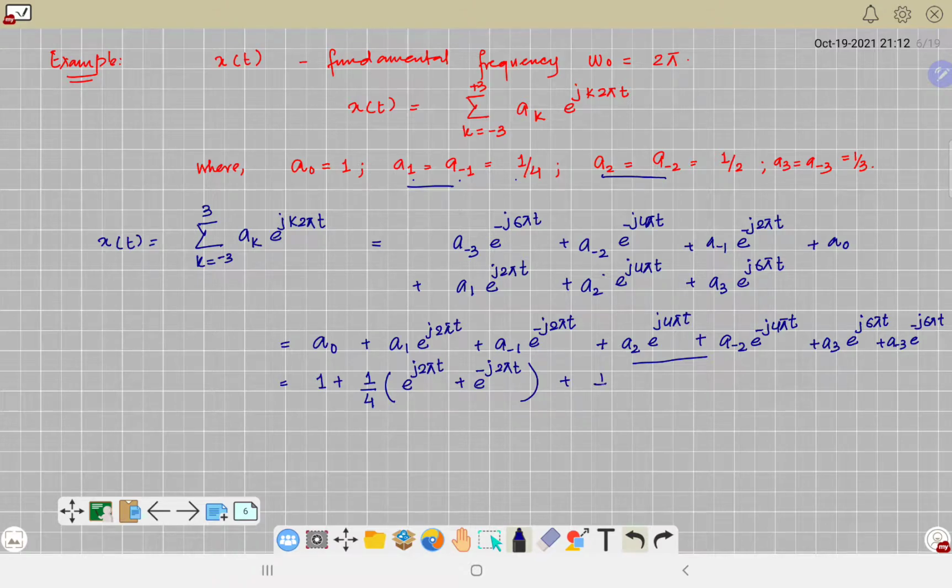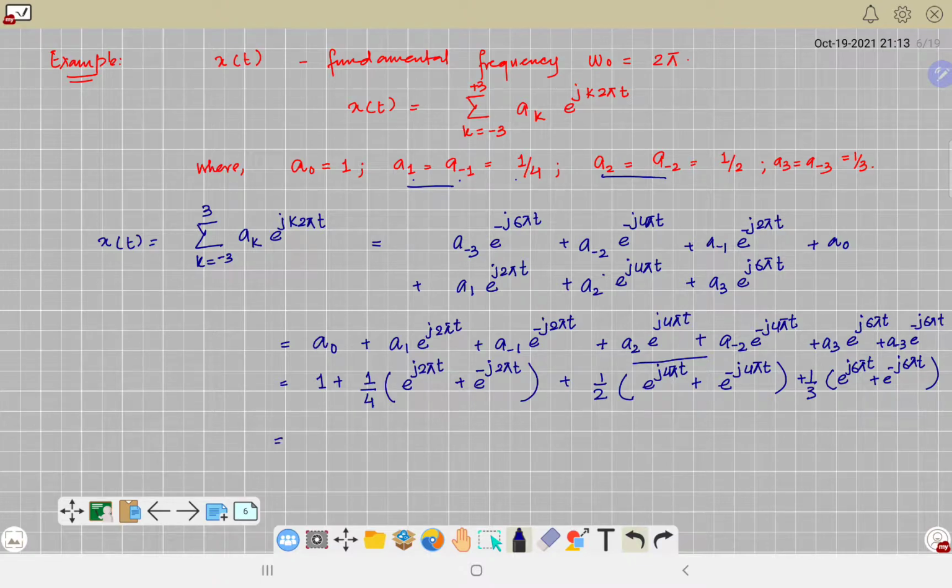So in दोनों के लिए 1 by 2 will be common, and internally I will have e raised power j 4 pi t plus e raised power minus j 4 pi t like this. Then a3 is equivalent to 1 by 3, so I'll have 1 by 3 e raised power j 6 pi t plus e raised power minus j 6 pi t.